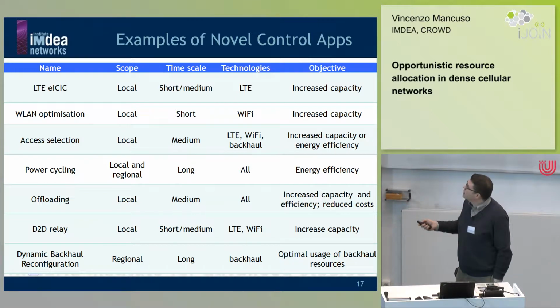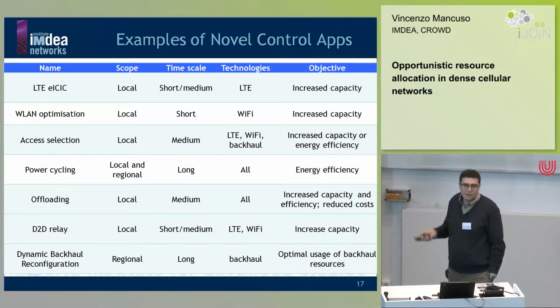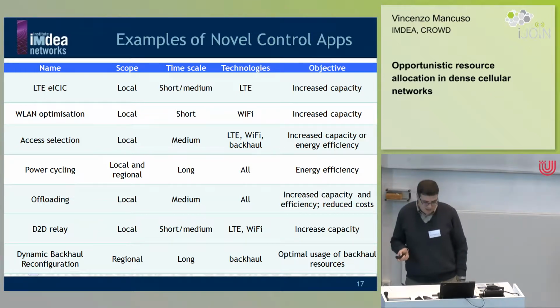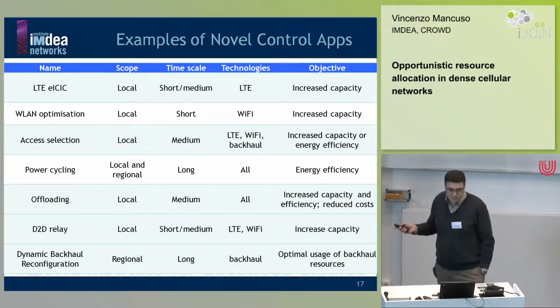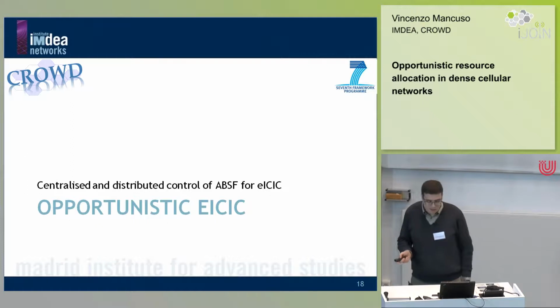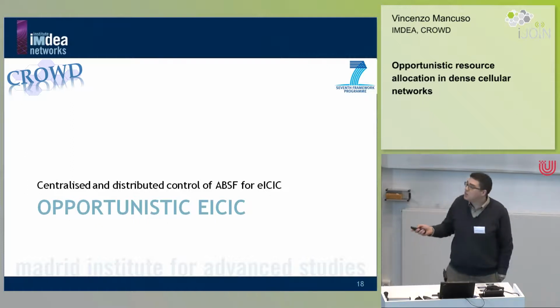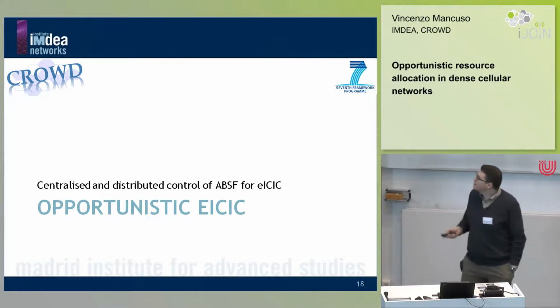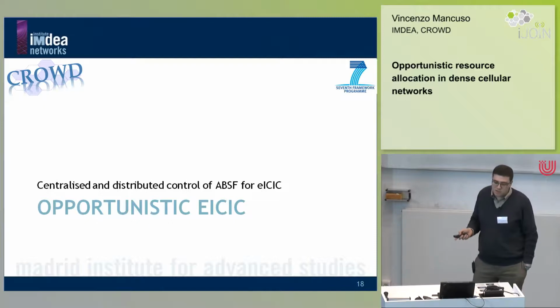Although there are many other applications that could be implemented, these are going to be implemented for the final demo in a few months for the CROWD project. So let's go to one of the technical points, which is this eICIC, opportunistic intercell interference coordination control.